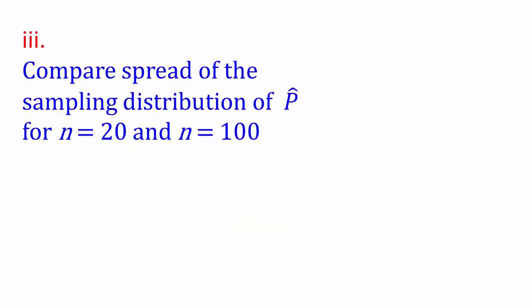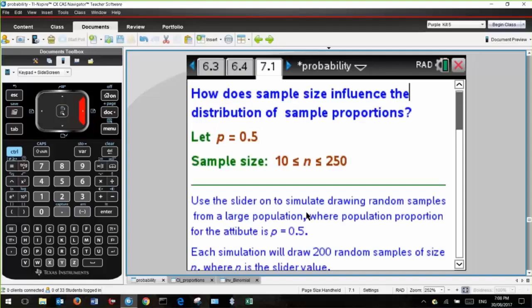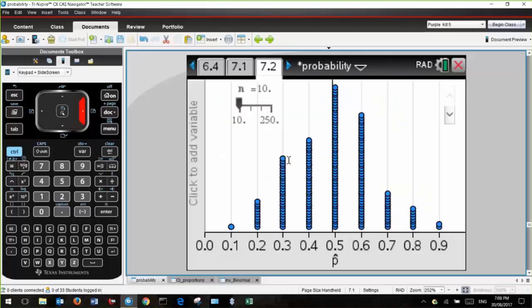Now, comparing the spread of the sampling distribution of p hat for n equals 20 and n equals 100. We're going to do a simulation this time where we change the sample size from a small sample, only 10, through to 250. This time I've repeated the sampling 200 times, so I've got 200 samples of size 10.